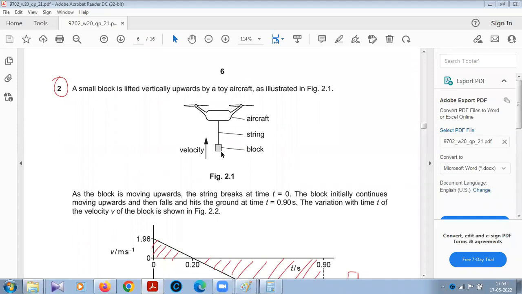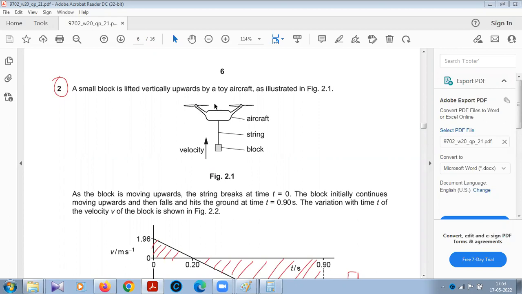There's a block that is hanging. So the weight will always act downwards. But it is going up because we have the rotor. So there will be some lift force in the upward direction. So the resultant force is upwards.